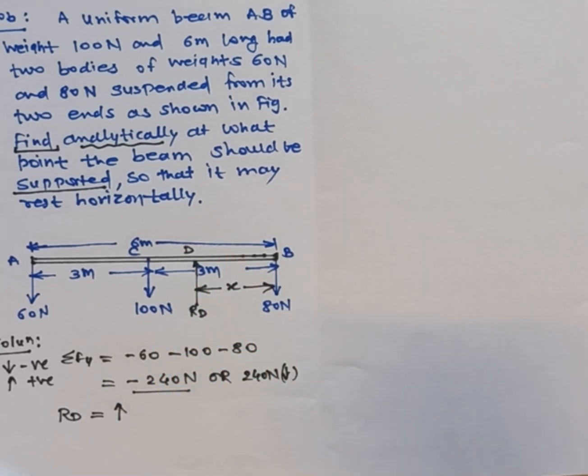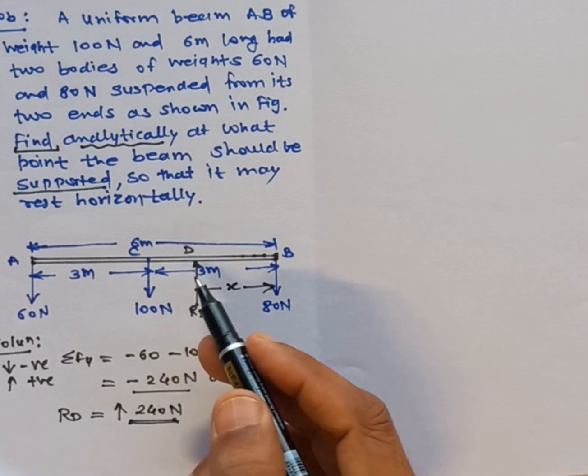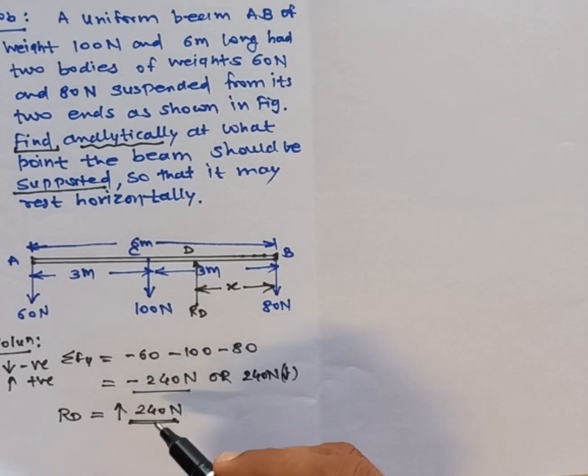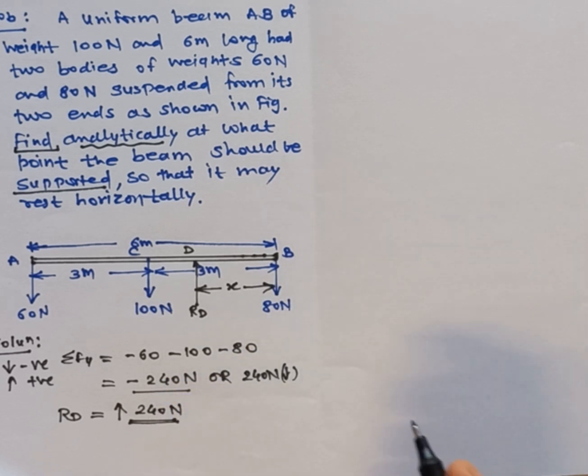In short, to maintain equilibrium, we are trying to find the equilibrant, right? So this RD should be upward, and that is why it should be 240 Newton in magnitude, so that 240 downward and 240 upward are equal and opposite. I hope it is clear to you, right? Hence we got RD, and that is 240 Newton upward.